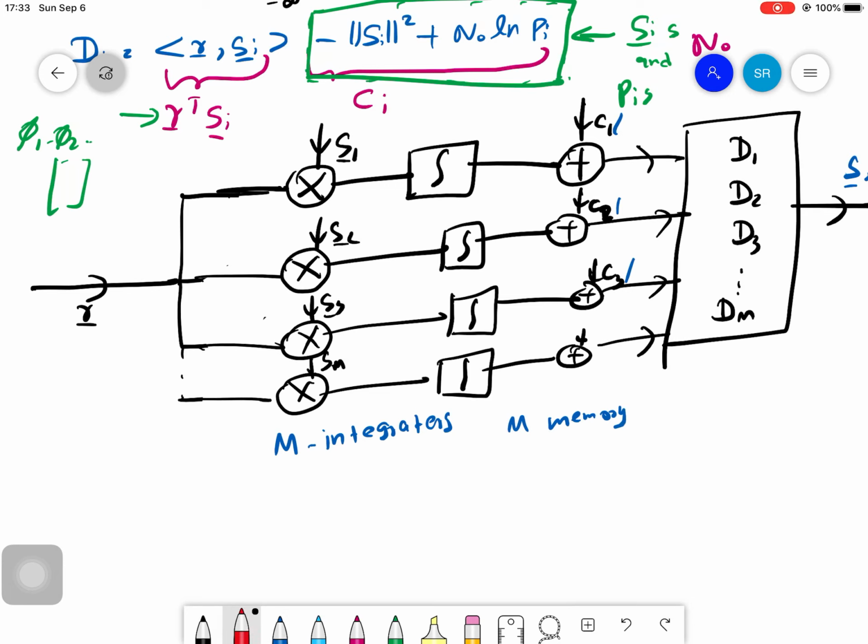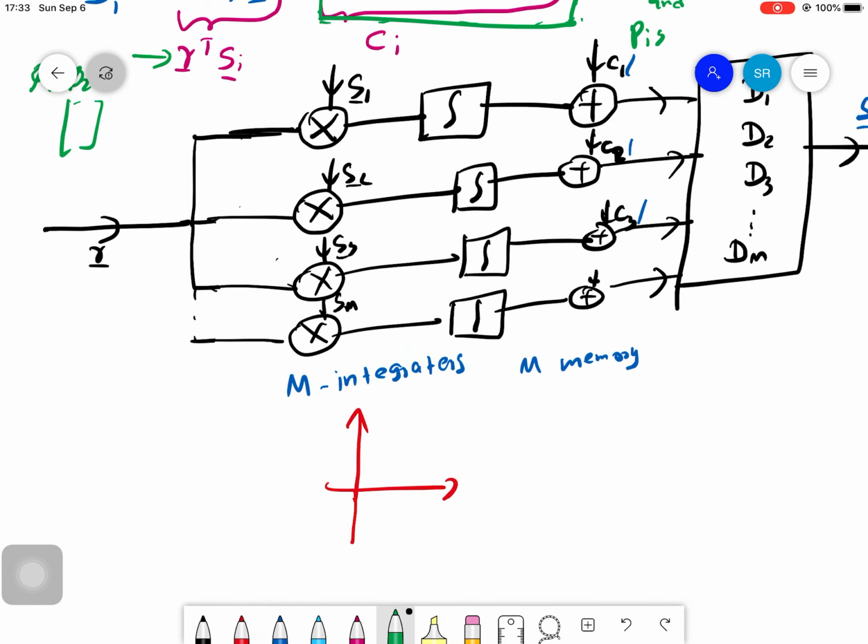Imagine we use a two-dimensional case. If we take some constellation diagram like 16 QAM, which uses two signal dimensions, but has 16 signals to transmit, it means we need 16 integrators.